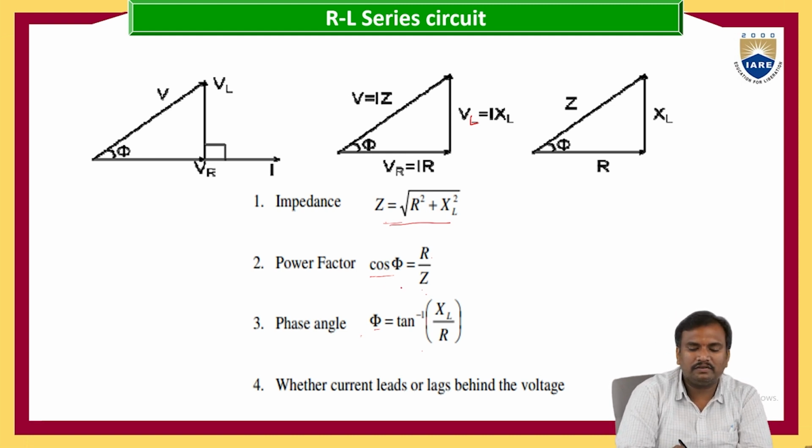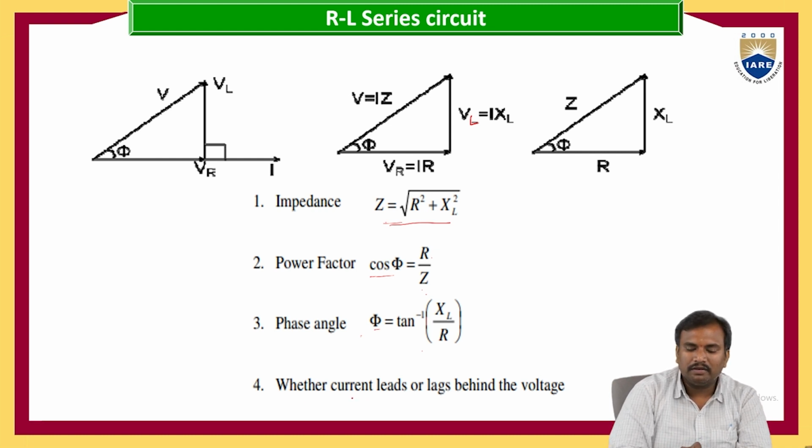And power factor, cos phi, is equal to R by Z. Cos phi is nothing but adjacent by hypotenuse, R by Z. And the phase angle is equal to tan inverse of XL by R.